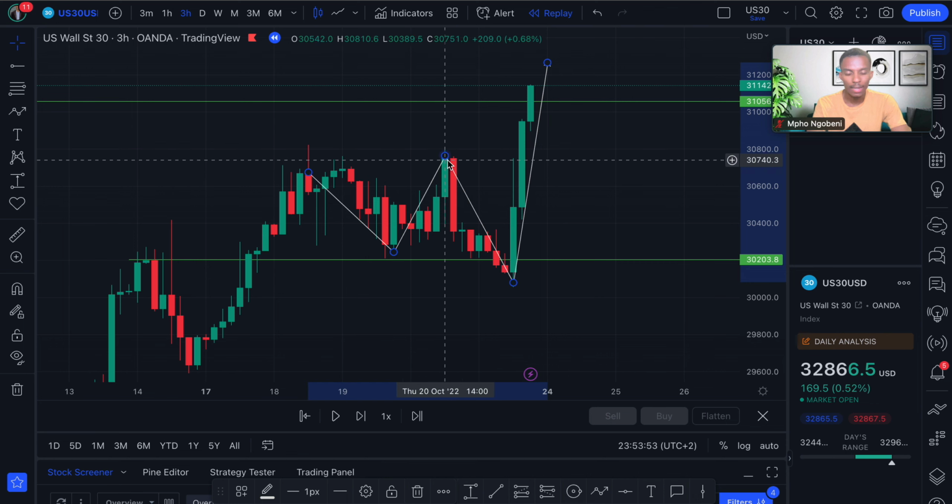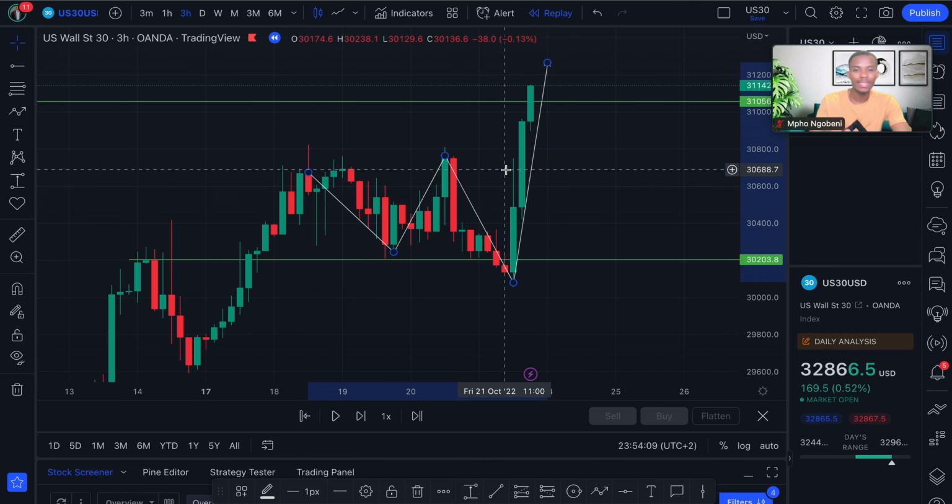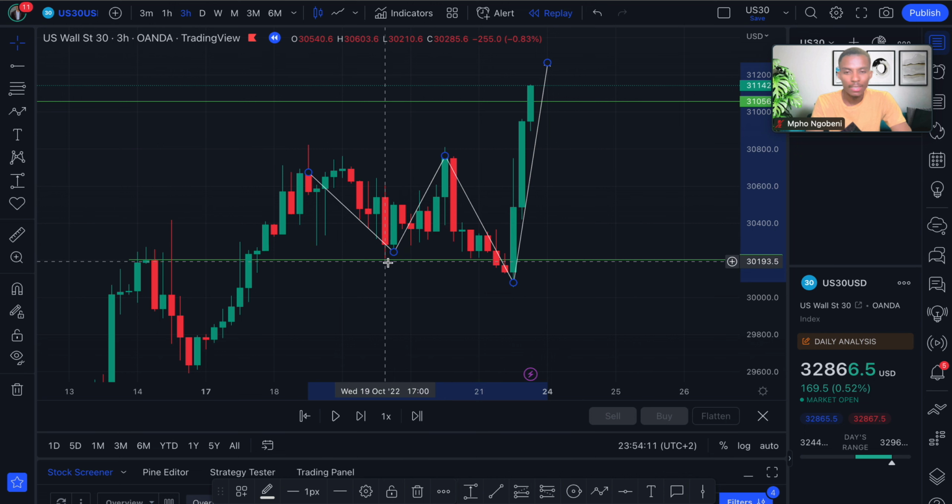We retested that high and we pushed down, and then on the 20th we came back again to retest the low of the 19th, and immediately we pushed up, as you can see. So what gave us understanding is that the day of the 19th, either the high or the low is going to be retested.